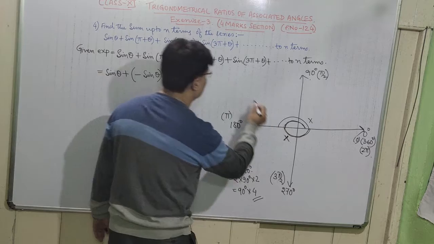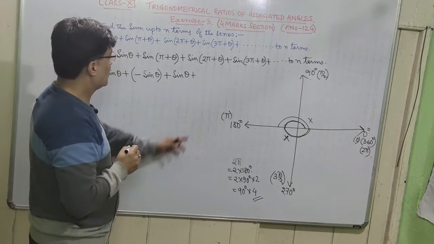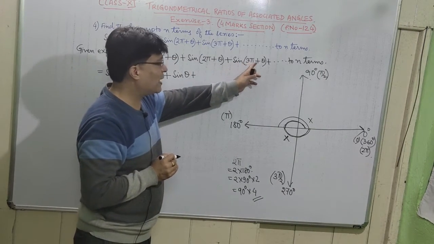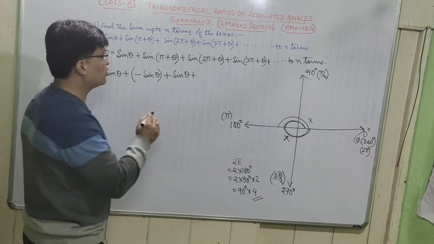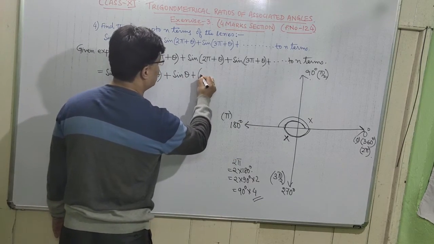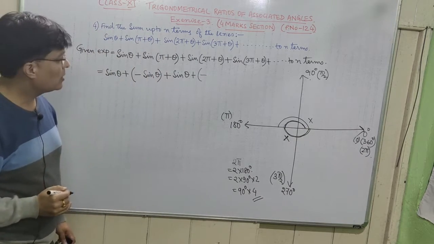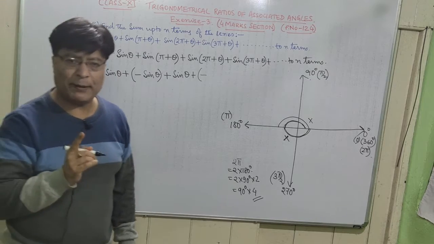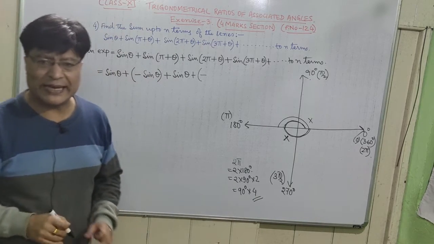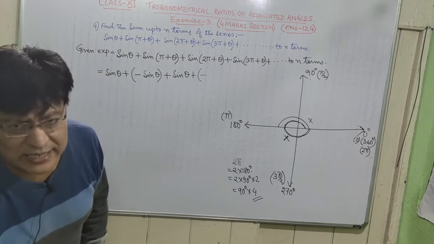It also lies in the third quadrant. And in the third quadrant, you know that sine is always negative. So now what's about this 3 pi?